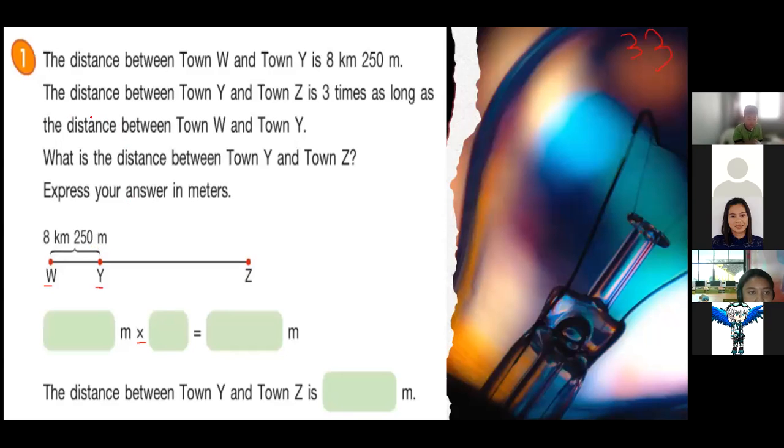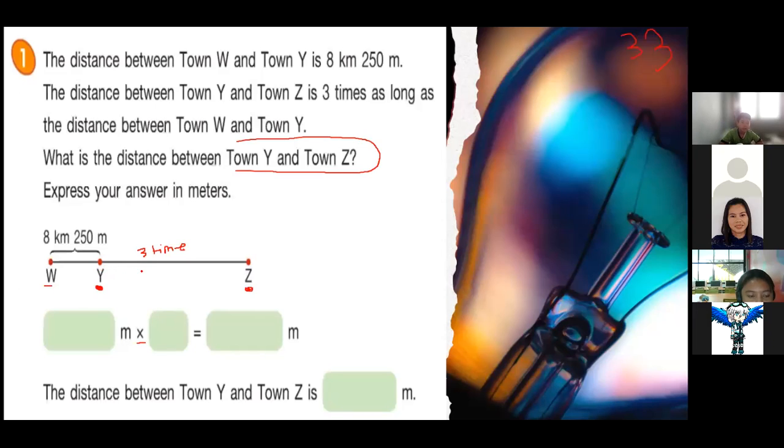The distance between town Y and town Z is 3 times as long as the distance between town W and town Y. The question here is, what is the distance between town Y and town Z? This is town Y and this is town Z.